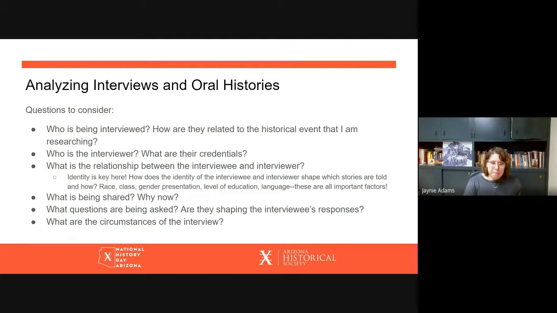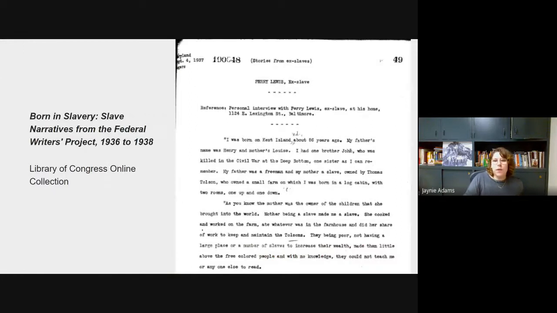And perhaps some of the best examples of oral histories are the WPA slave narratives. The Library of Congress has this huge online collection of related photographs, documents, transcripts, things like that, associated with the Federal Writers Project and the WPA slave narratives.